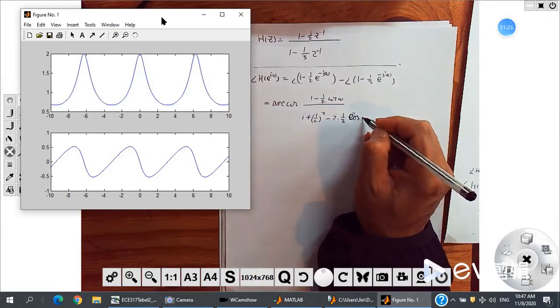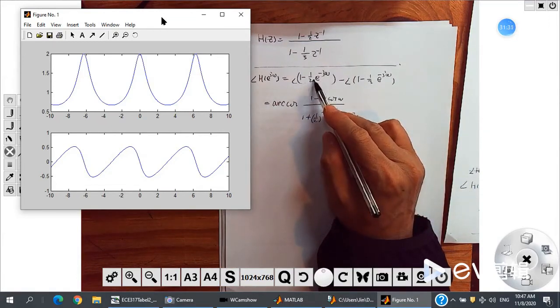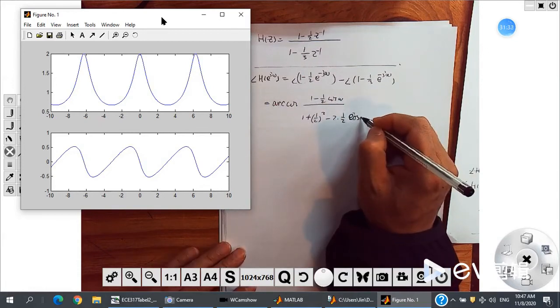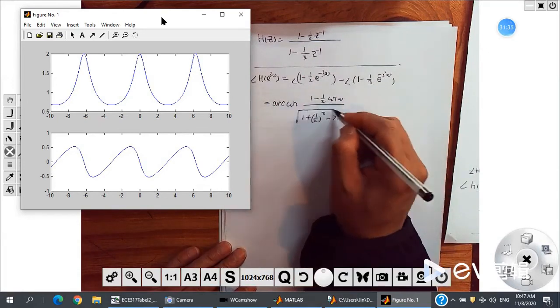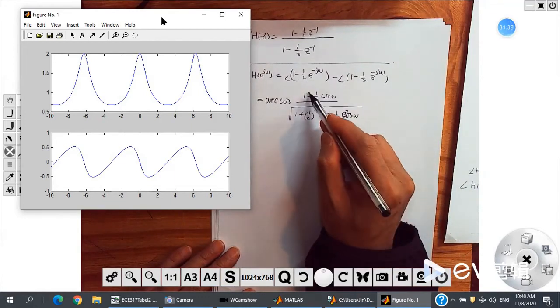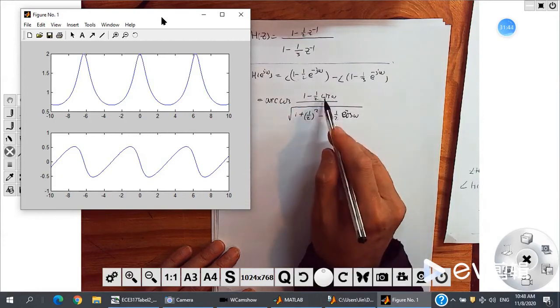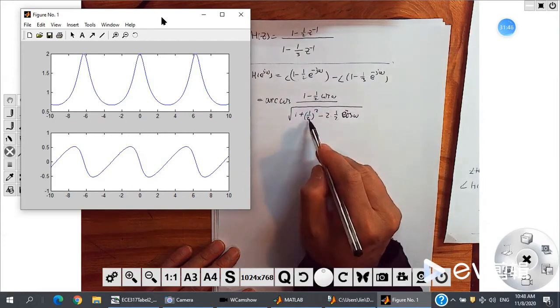So it is the square of the real part plus the square of the half sine; the sine squared and cosine squared merge in this term.